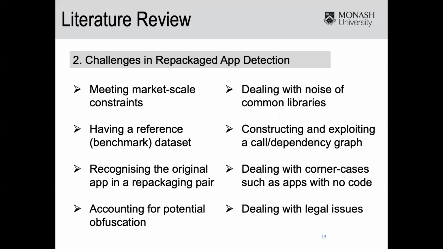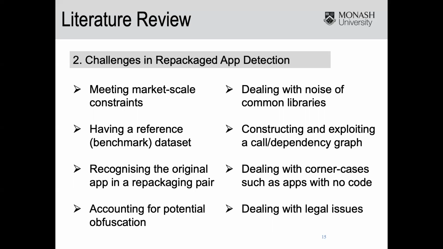And also our community is lacking a reference dataset. That's why we built a benchmark at the end of this work. And also, it's quite difficult to recognize the original app in a repackaging pair. So which one is the original one, which one is the maliciously repackaged one? It's hard to decide.